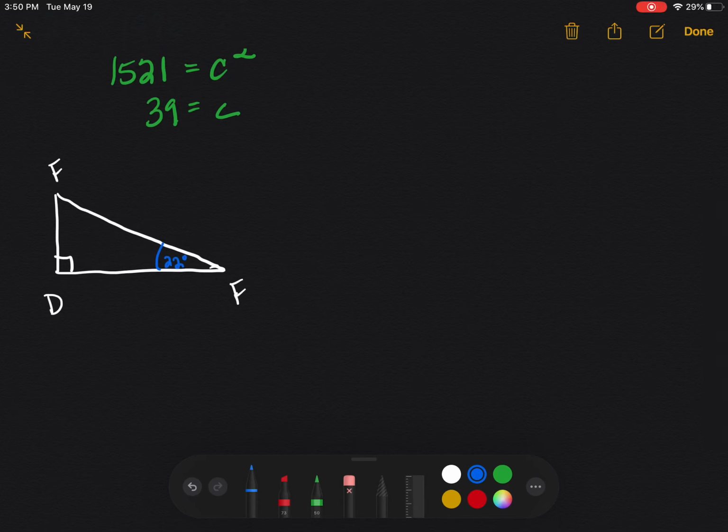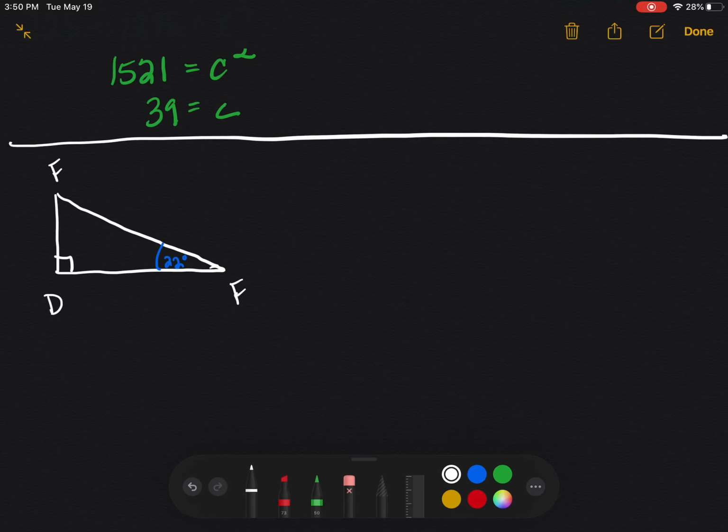Now, some of your problems tonight will ask you for the decimal approximation for each acute angle. In this case, this is where we're going to use the calculator. I'm going to show you how to do this with a calculator now.